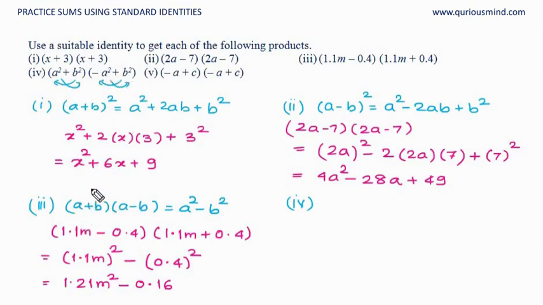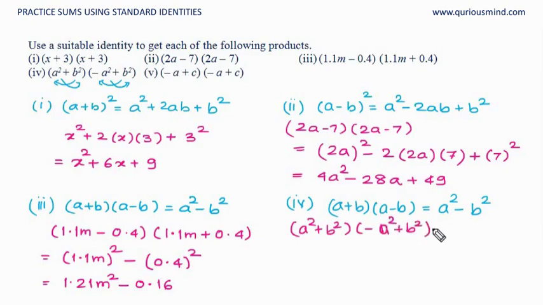It's again the same, a number plus another number, first number minus second number. So we are going to use this identity. We'll write this as (b square plus a square) in bracket (b square minus a square).